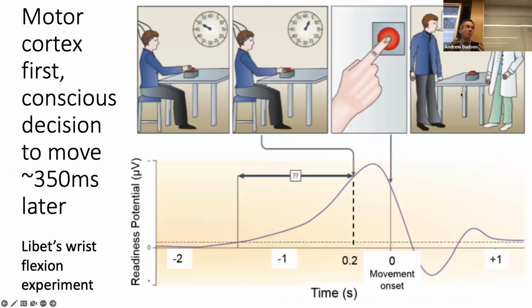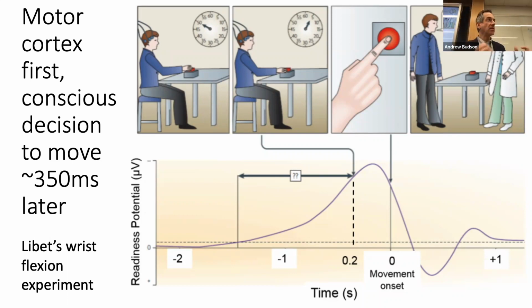And these important effects of consciousness are not only there with sensory perceptions, but also are important in decisions and actions. So in this famous experiment by Libet that was conducted more than 25, 30 years ago, he had people decide to make an action.